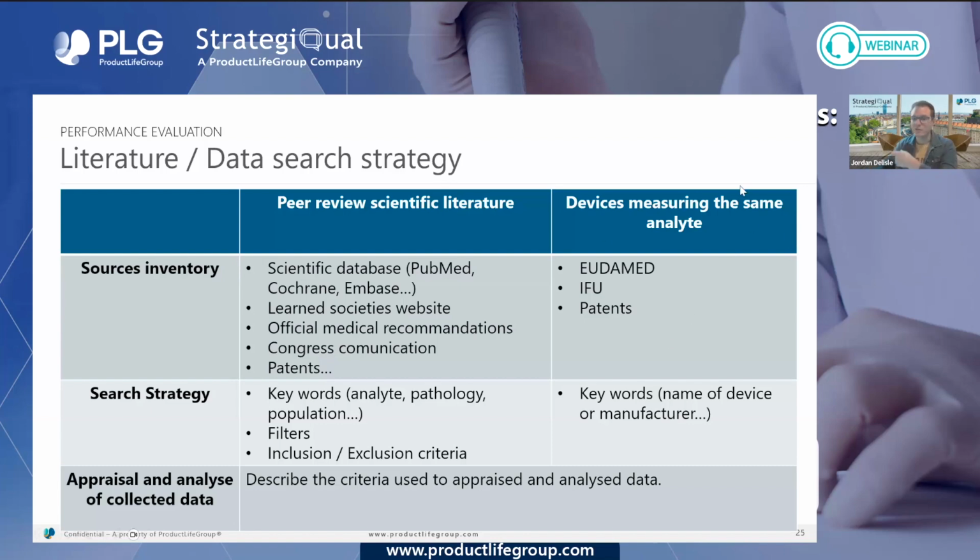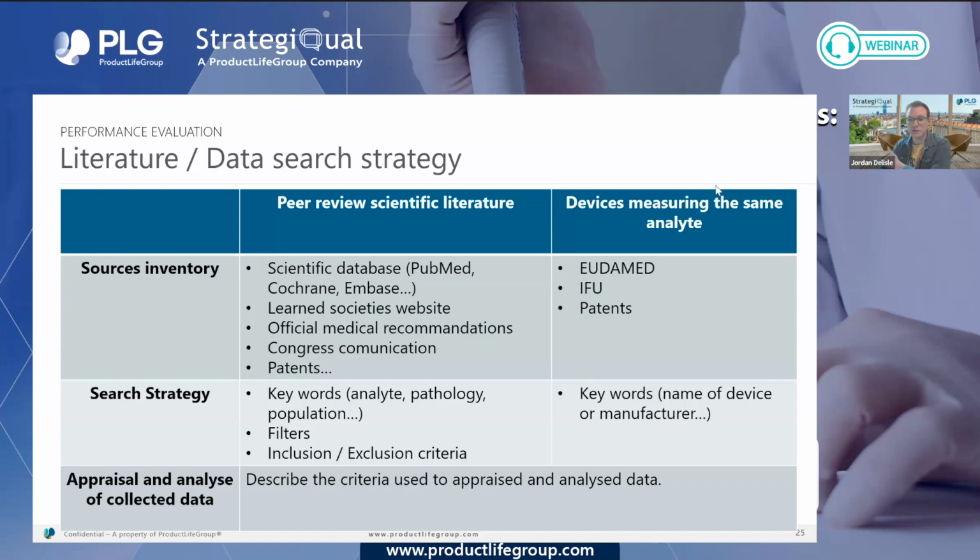Similarly, you can use data from devices measuring the same analyte developed in-house or by other manufacturers. You will need to conduct a review of any internal or external documentation you consider relevant. And to do this, your search may be based on data available on EUDAMED, and in particular the summary of safety and performance, the SSP, of existing CE-marked products.